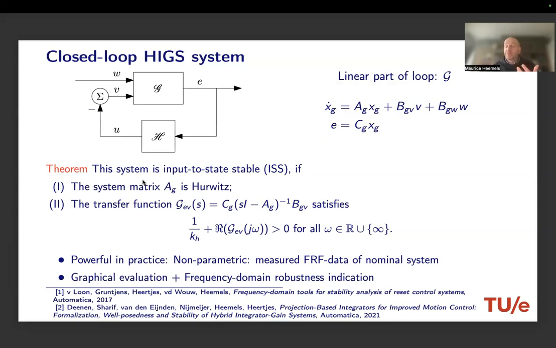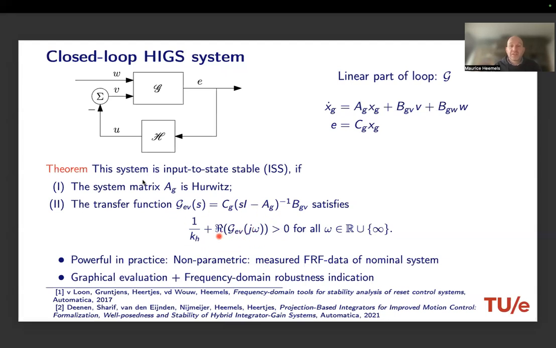That's also something you can test using Nyquist type reasoning on the FRF of the plant. So we assume this part of the system to be stable itself. Then a sufficient condition to guarantee stability is that the transfer function, the FRF of this plant, satisfies this condition.